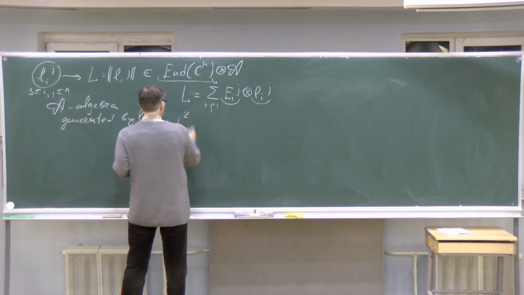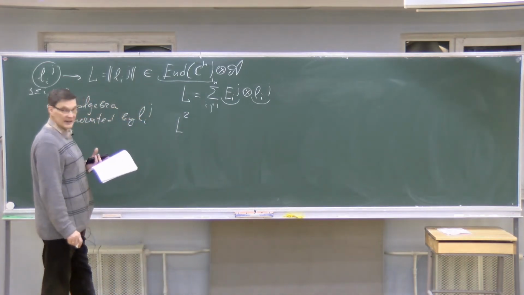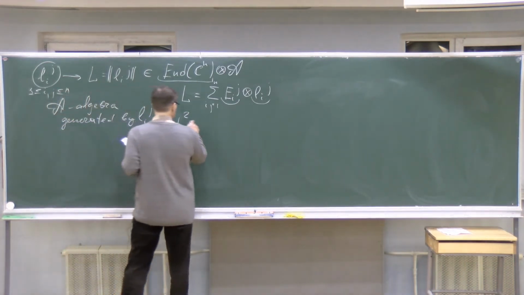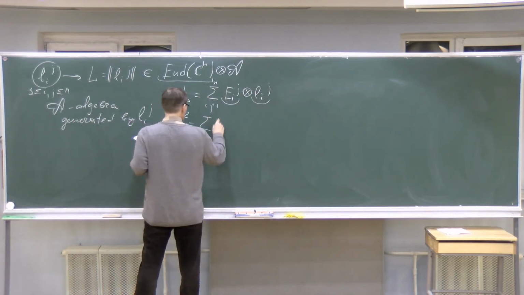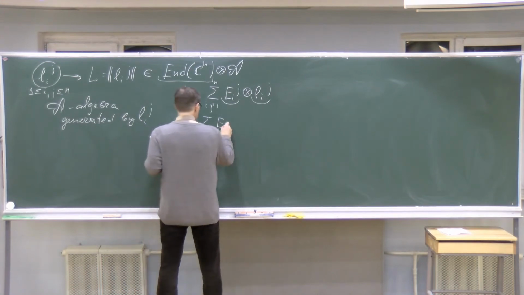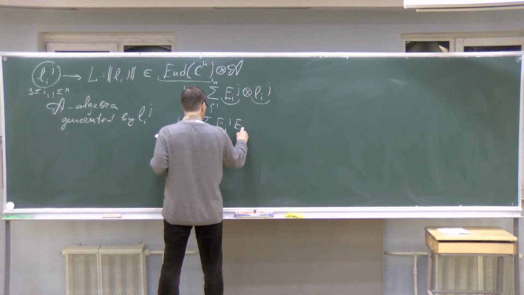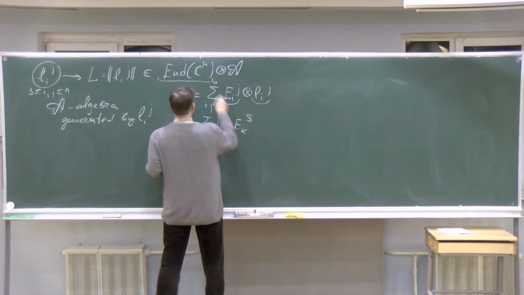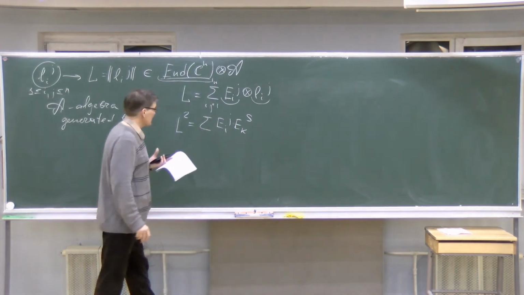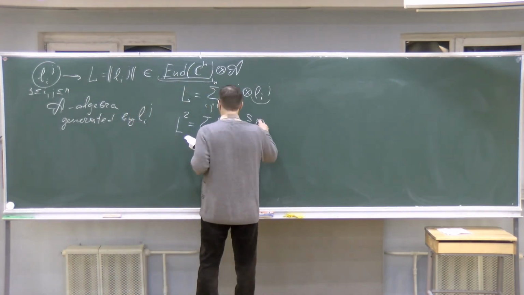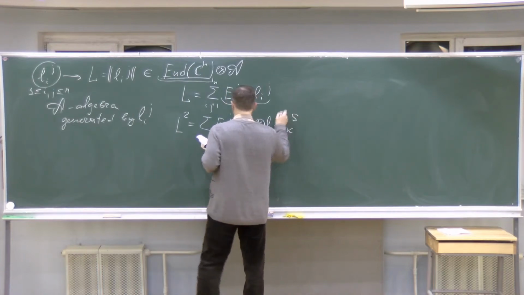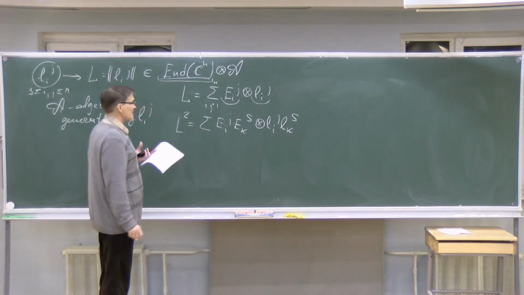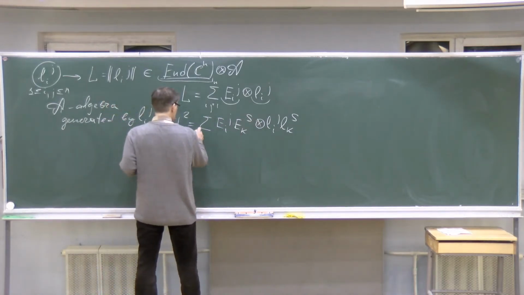For example, what is L squared? It is just the product of these objects, L_aj L_ks, where this is a product in the associative algebra, and the summation is over all indices a, j, k, s.